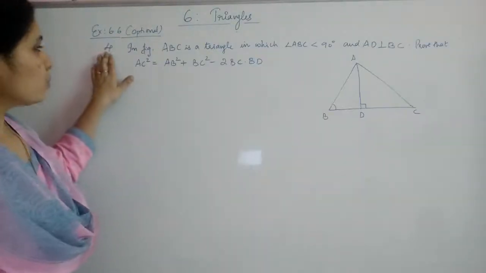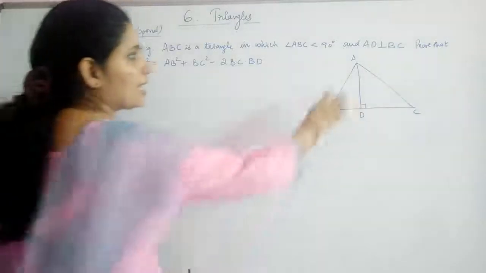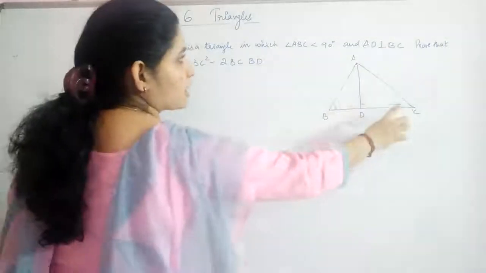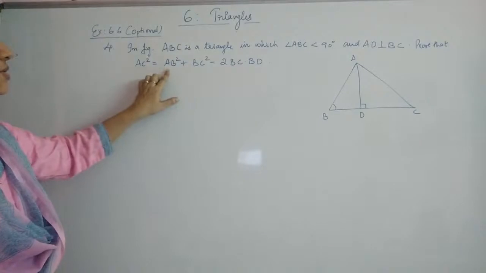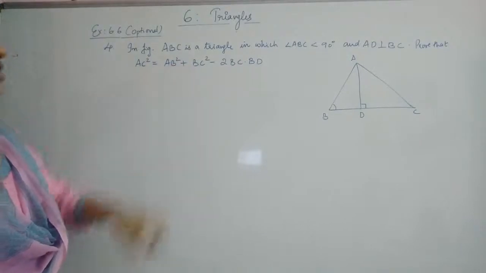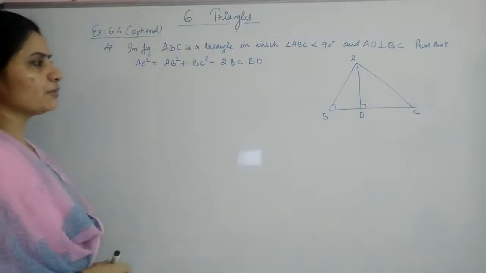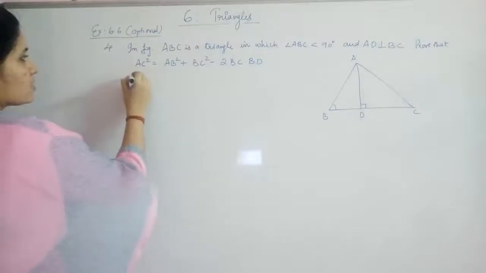So question number 4 is, in the figure, ABC is a triangle in which angle ABC is less than 90 and AD is perpendicular to BC. You have to prove that AC square is equal to AB square plus BC square minus 2BC into BD. So again, as in the above problem, we will consider triangle ADC, which is a right angled triangle.